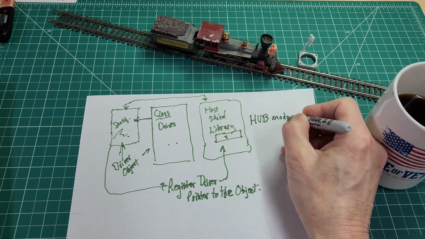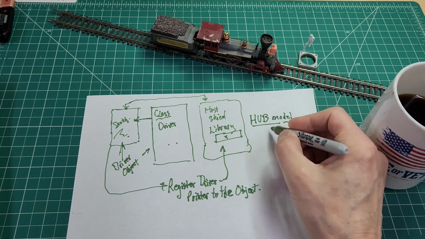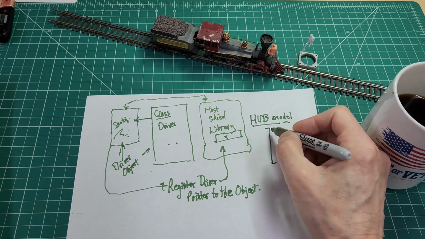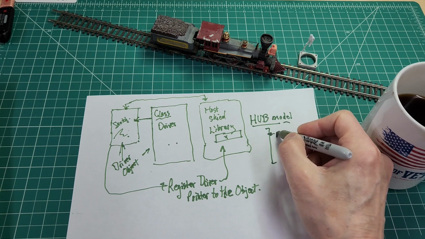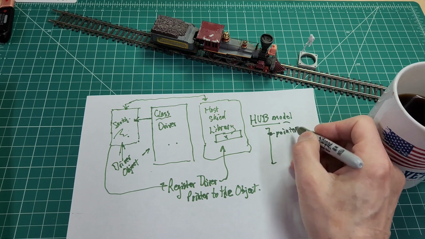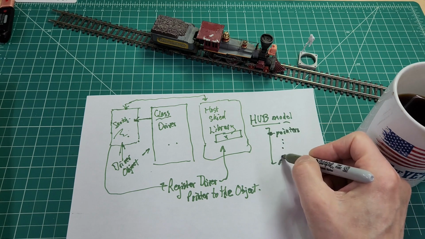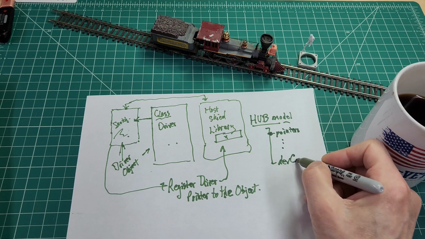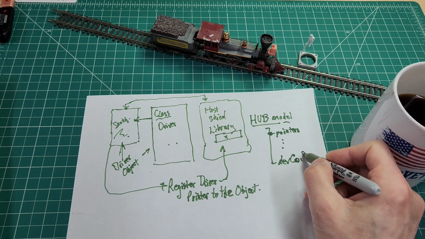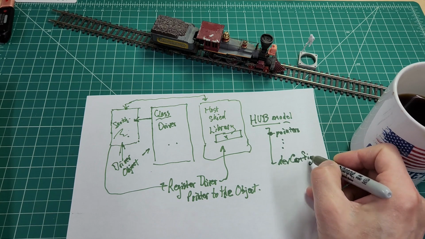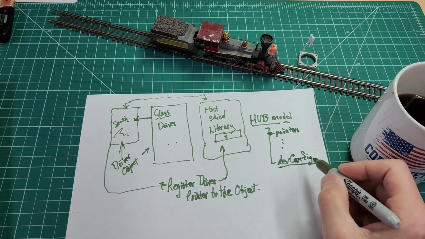Because the library uses a hub model, that means that it's going to have in some array multiple entries of these pointers, in what's called the dev config. Sorry, it's hard to read, but it says dev config.